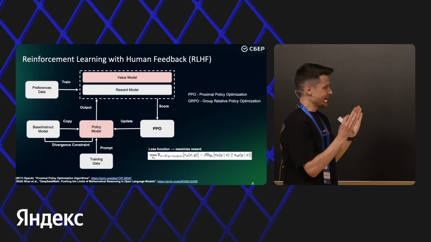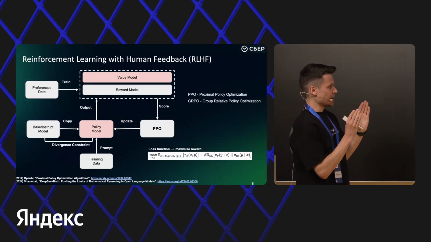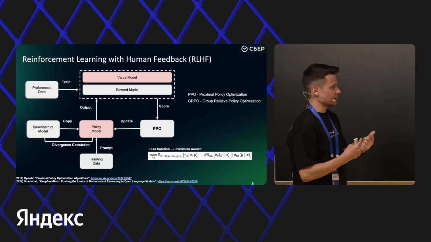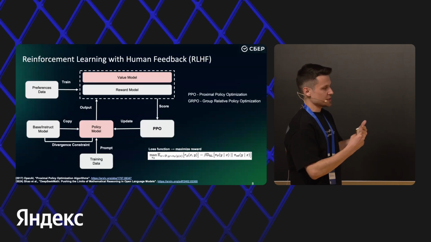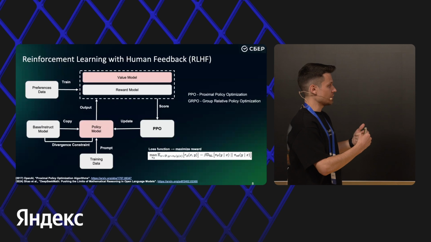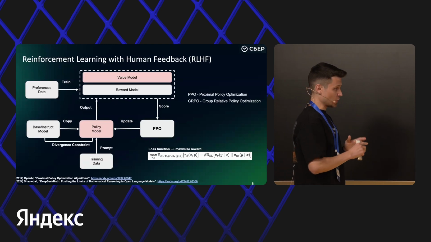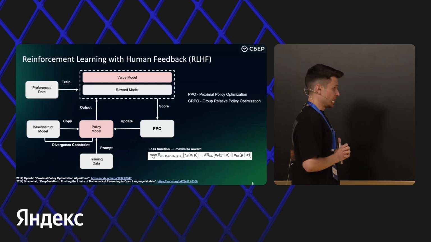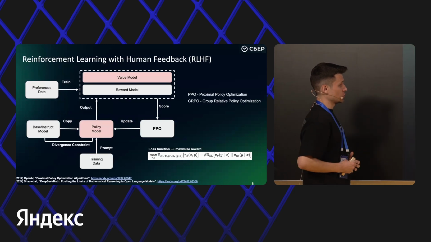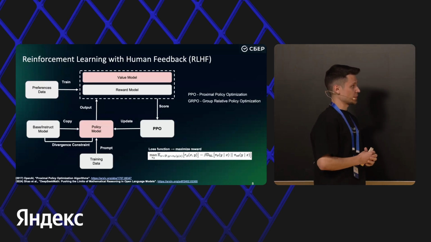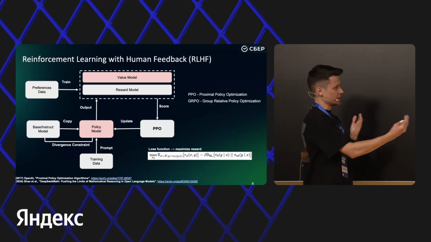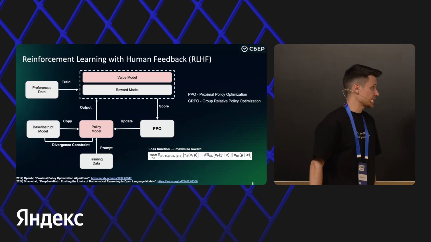We want to keep updating them gradually, because there is a possibility that the policy model can forget everything from the first and second stages, and we don't want our new model to forget all this knowledge. Because of that, we have this divergence constraint in updating parameters.